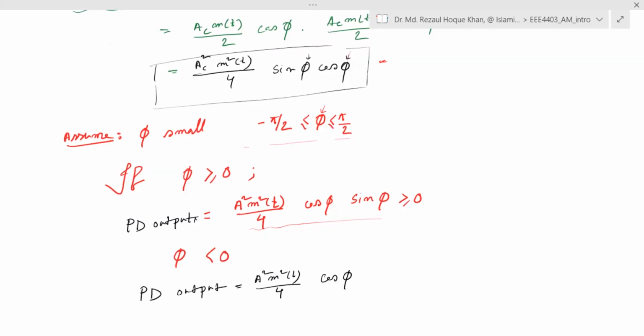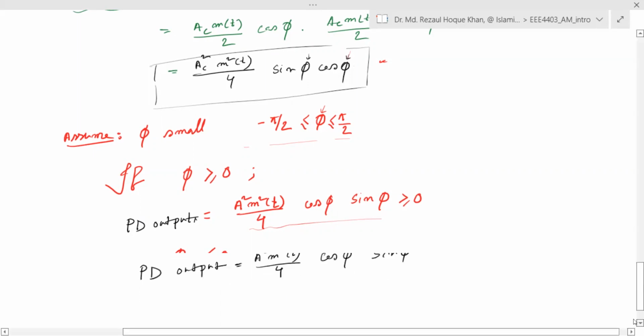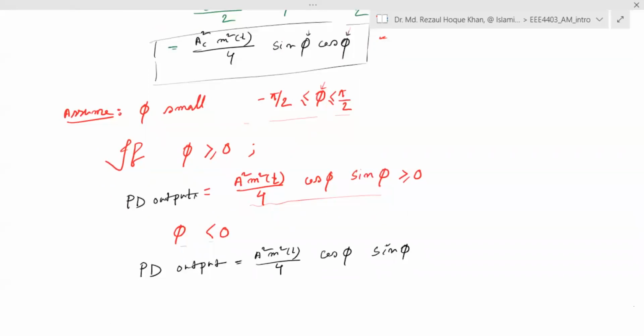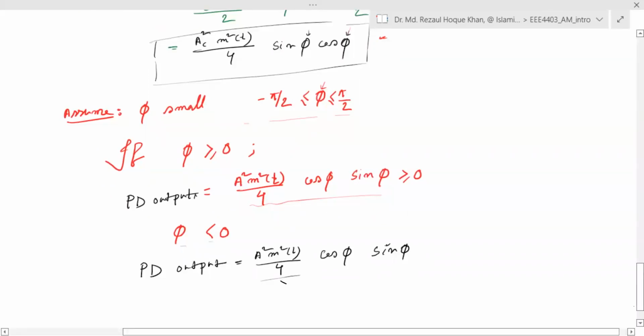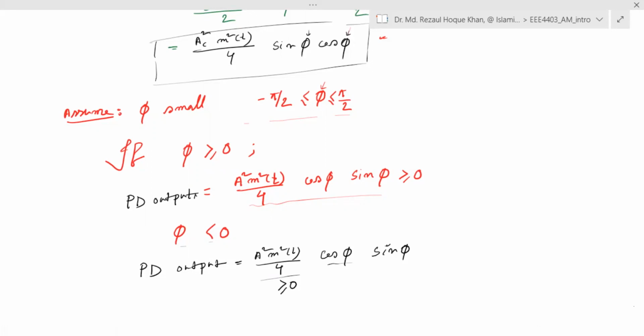Cos phi and sin phi: if phi is negative, cos phi is eventually still a positive value, but sin phi, because of the negative phi, will be negative.